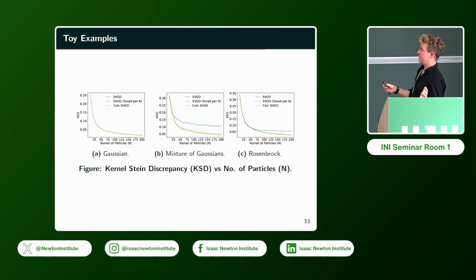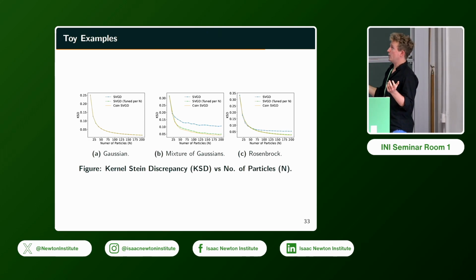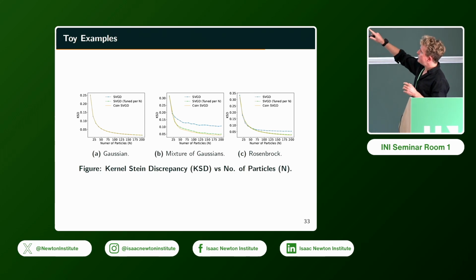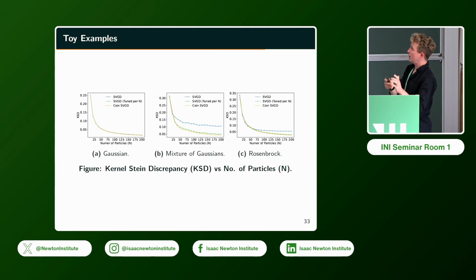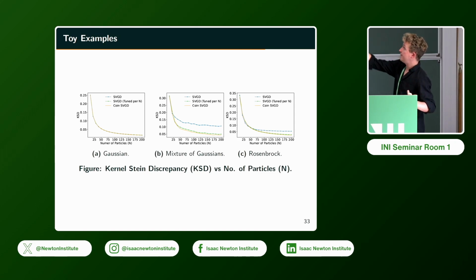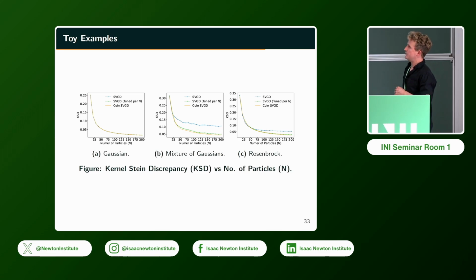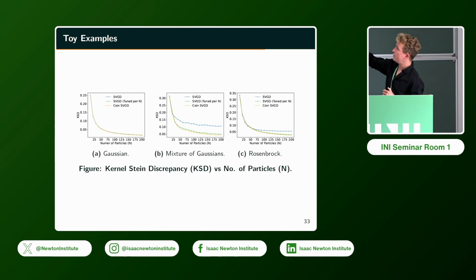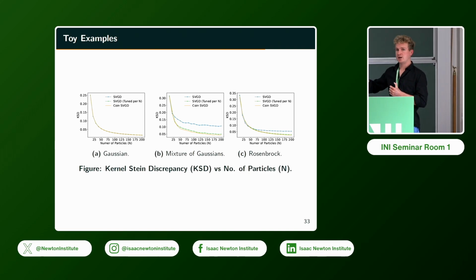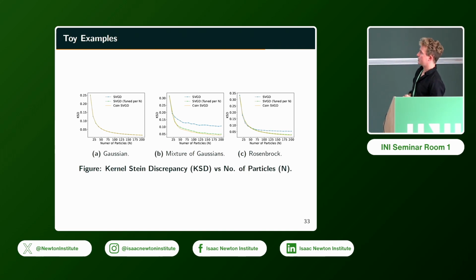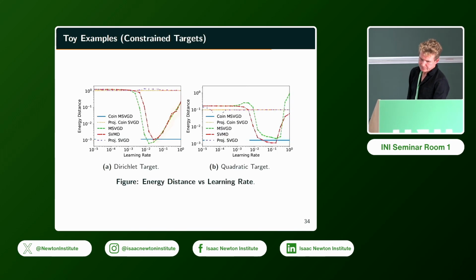But it turns out that wouldn't be a sensible thing to do, because the optimal learning rate actually depends on the number of particles you're using, and this is what this plot is showing. In the blue, this is SVGD, where we've tuned the learning rate for a small value of n, and then we've run the algorithm using different numbers of n. You can see in that case the approximation quality is much worse than if you were to either run SVGD and tune the learning rate each time you change the number of particles, or use our algorithm. So again, our algorithm bypasses that problem entirely.